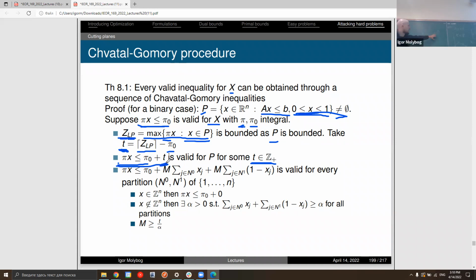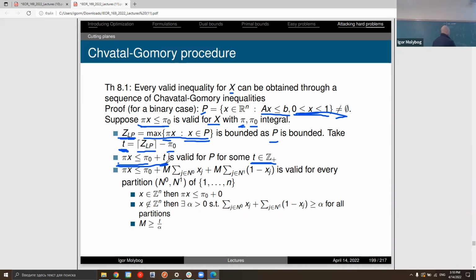And this thing right here only defines a single hyperplane, and this hyperplane is somewhere, for example, over here, and you can think about it as another addition to this system of inequalities, which does not cut off any of the points from X. Therefore, it's called a valid inequality.